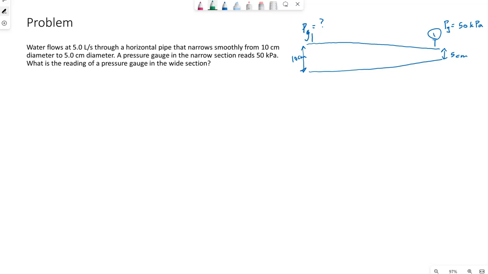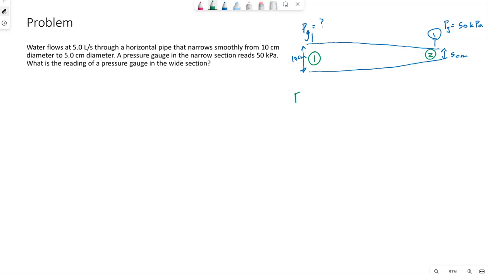I need to choose one of these. Ultimately, our continuity equation and Bernoulli's equation must be satisfied at any 2 points in the system. When we say they are equal to a constant, we mean they are equal at any 2 points in a pipe. So I'm going to call the wide section on the left point 1, and the narrow section on the right point 2.